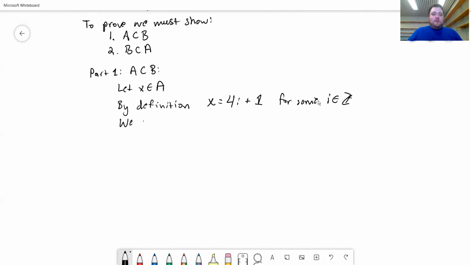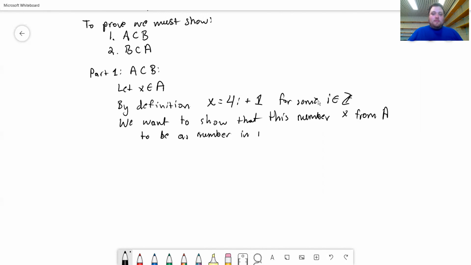Well, we want to show that this number X from A is a number in B. So if we can show that this number X from A is also in B, and this X is any value that is within A, then we've shown that every element in A is also in B.